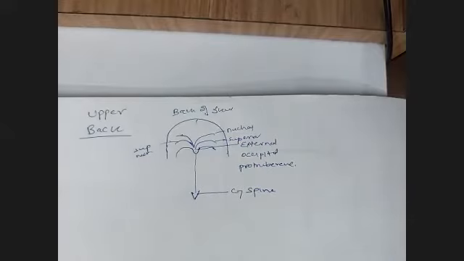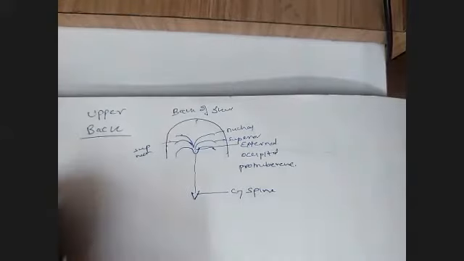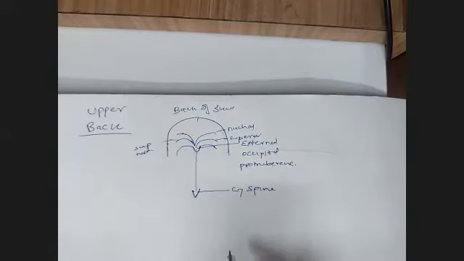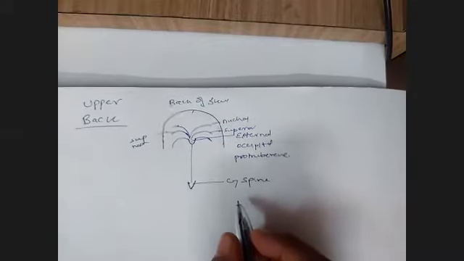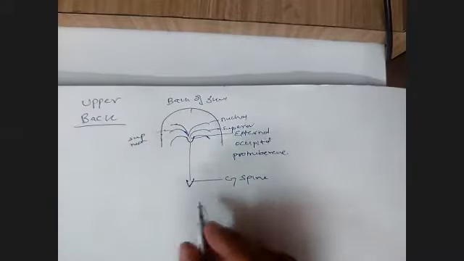If you go down from the external occipital protuberance, you don't feel the individual spines, but then suddenly at the lowest point of the back of the neck, you see the spine of C7. That's why the C7 vertebra is called vertebra prominens.